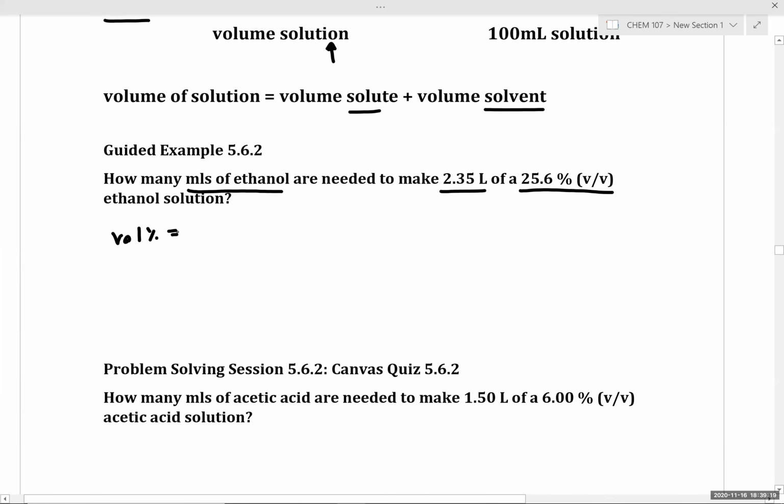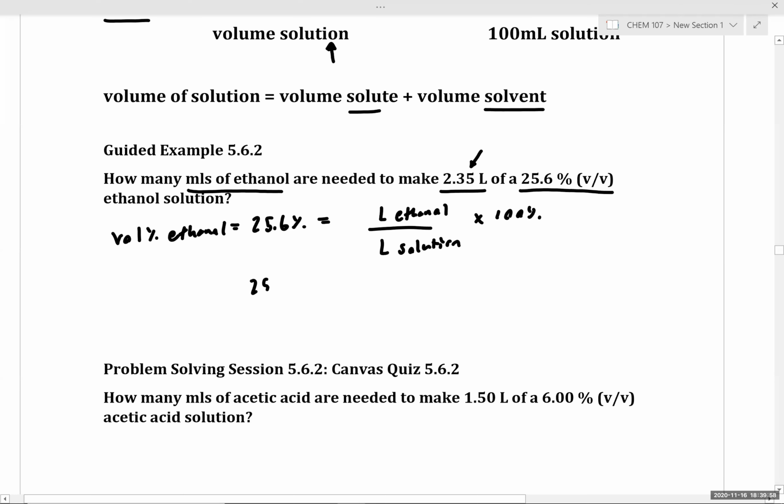The volume percent of ethanol, because that's our solute in this case, which is equal to 25.6%, is equal to the milliliters of ethanol over, and since we know the total volume and the total volume is in liters, let's write it as the liters of ethanol over the liters of solution times 100%.